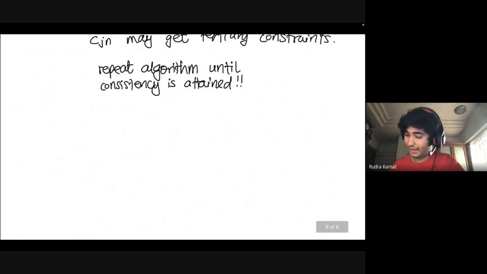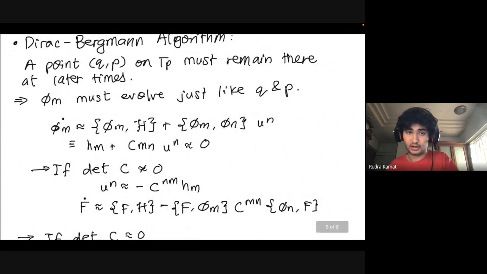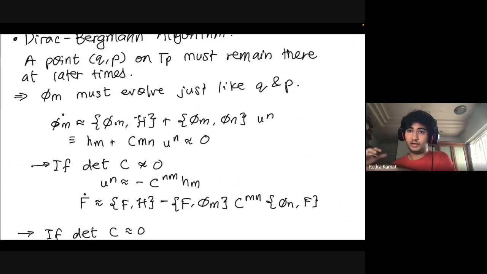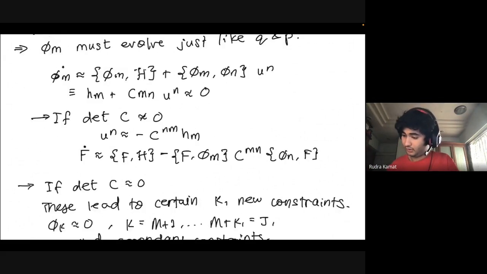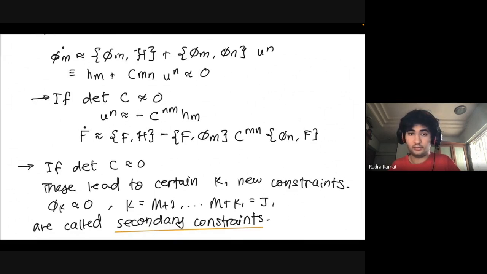So what we did was ensure that the constraint phi sub m must evolve just like q and p, so that as q and p evolve, the surface itself keeps in touch with q and p. That means phi sub m has to go in the time evolution equation, and then we got this equation with h_m and c_mn.